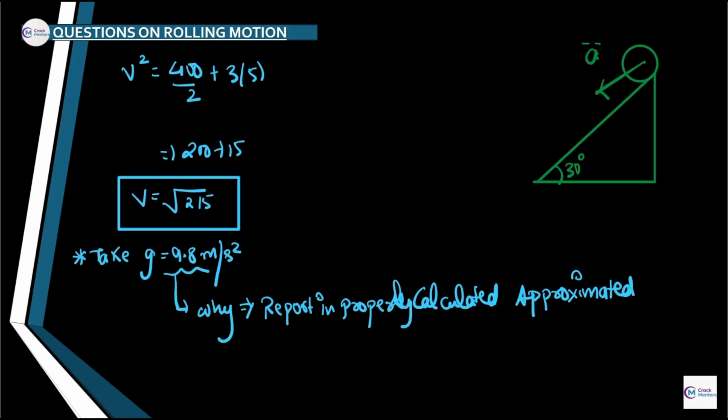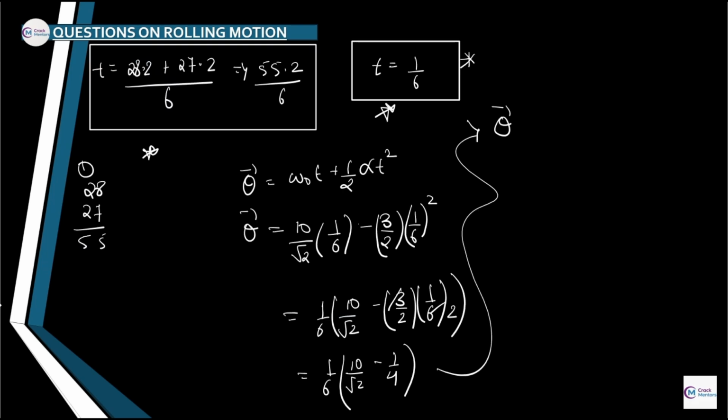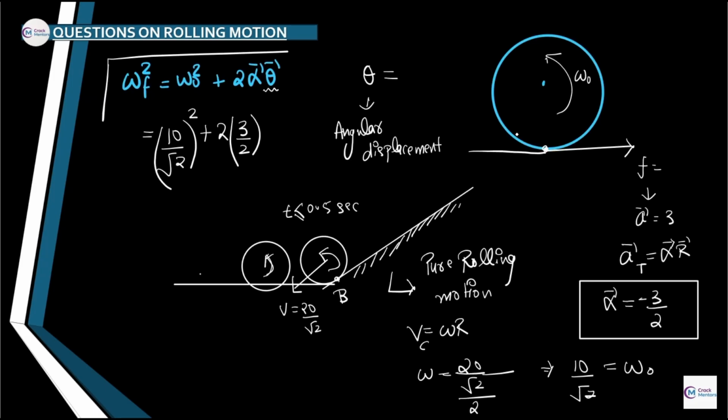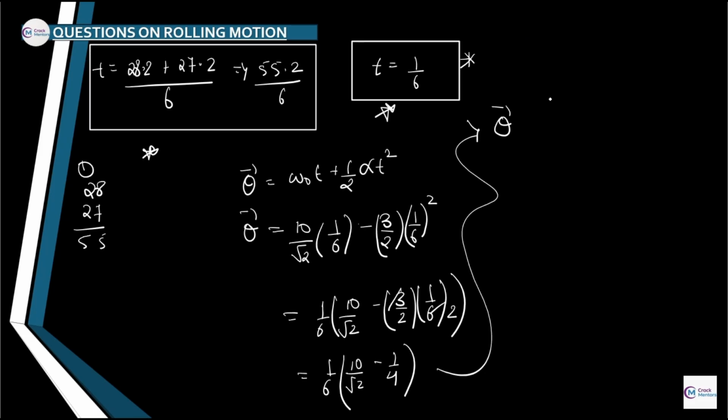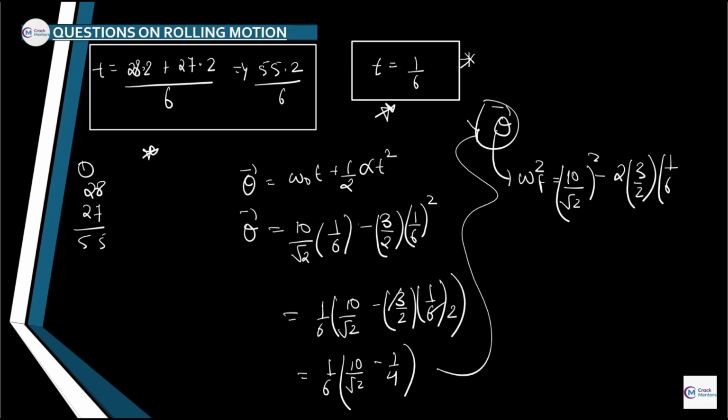This is the theta, and after putting it in this equation, I'm hoping that you are getting my point: omega final squared equals omega naught squared, where omega naught is 10 upon root 2 squared, minus 2 alpha. Alpha is 3 upon 2, and theta is 1 upon 6 times 10 upon root 2 minus 1 upon 4. After solving this, we are going to get omega final, in under root. This is the thing that you have to solve.